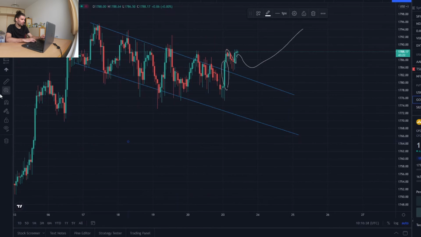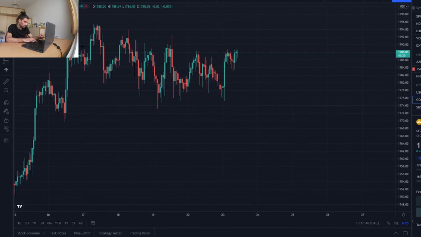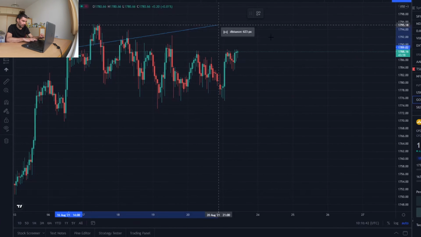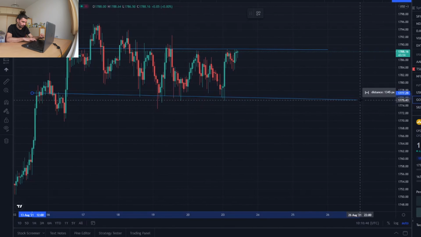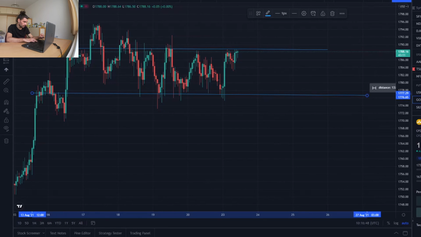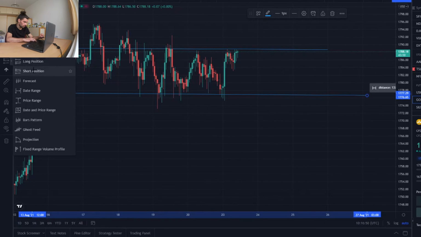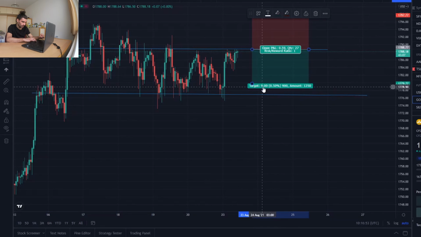Now, the trade that I would take, which would be the simplest trade here for the time to come, would definitely be a short position.